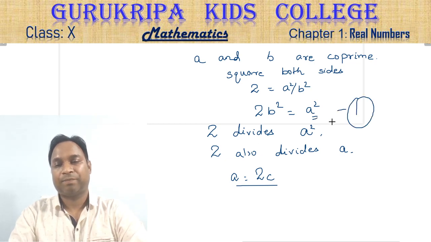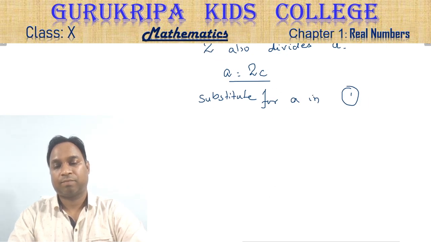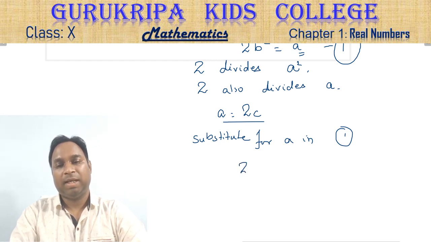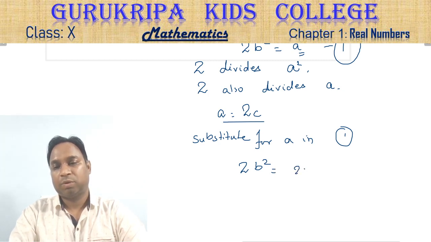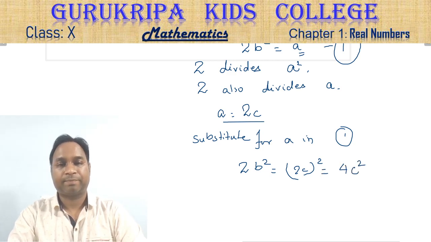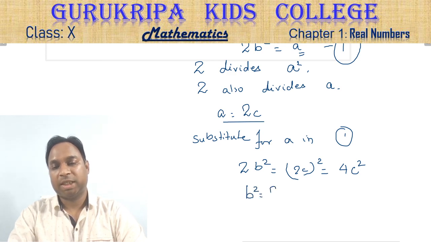In equation 1, we get 2b square is equal to 2c square, that is equal to 4c square. That means b square is equal to 2c square.